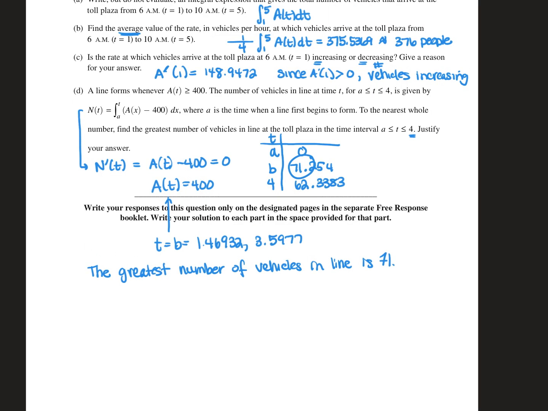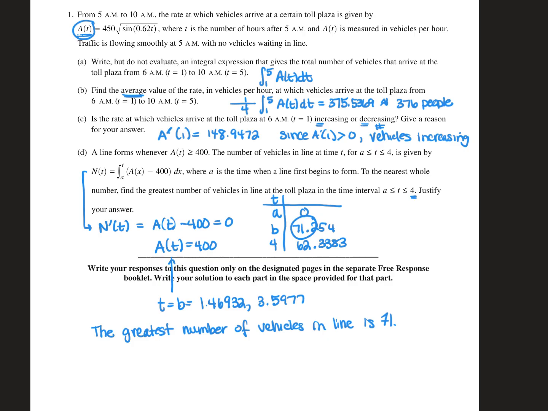Okay, so let's go back and see how this one was scored. Back to FRQ 1, you get 1 point for part A. Part B is worth 2 points: 1 for using the correct formula, 1 for the answer.